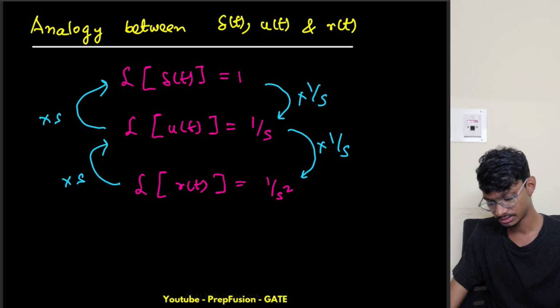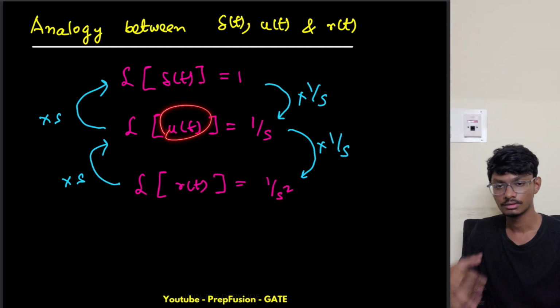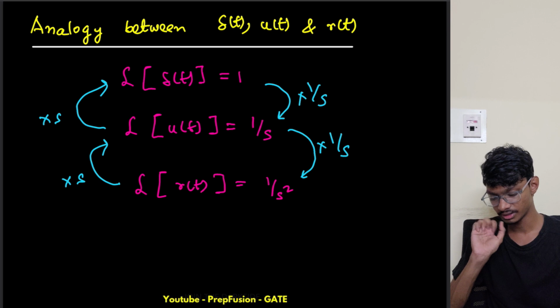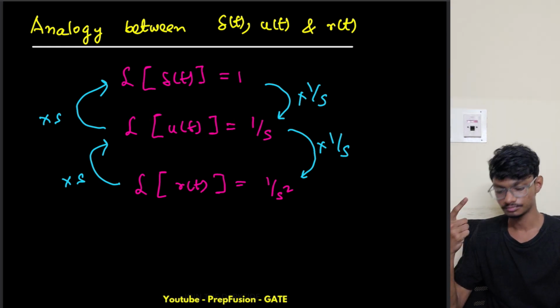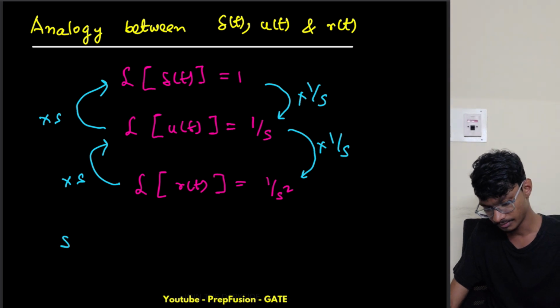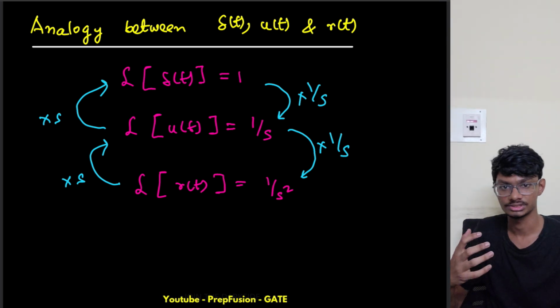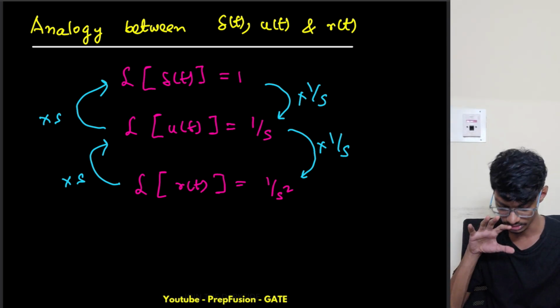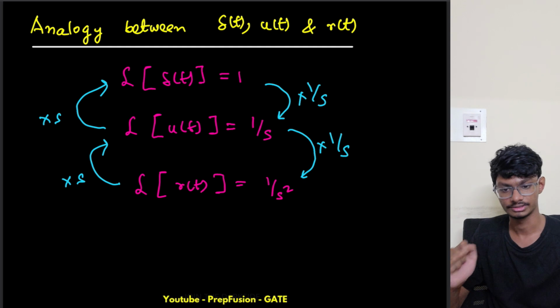This u of t, from this we understand that this is a step, so what I can write here is the step response. I hope you have heard of impulse response somewhere, or if you haven't, don't worry, just note it down, you don't have to understand anything.